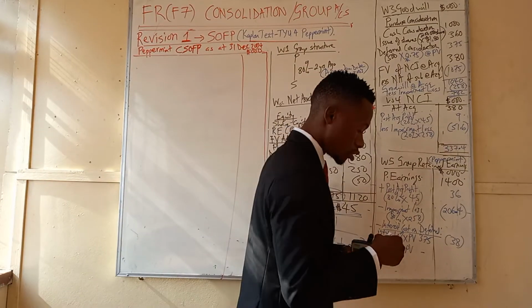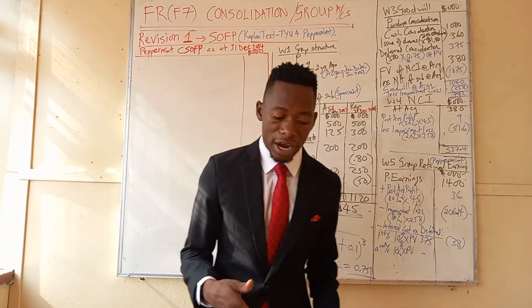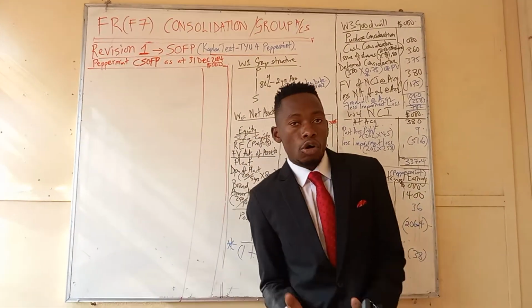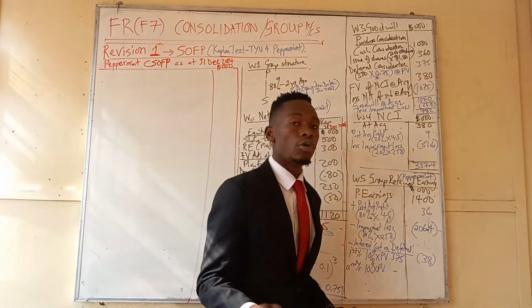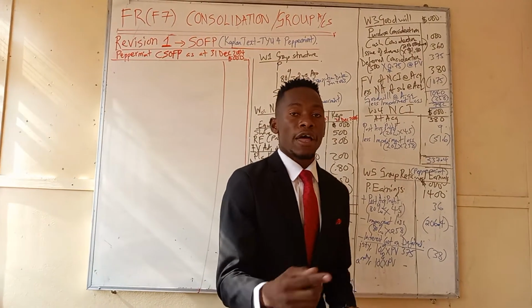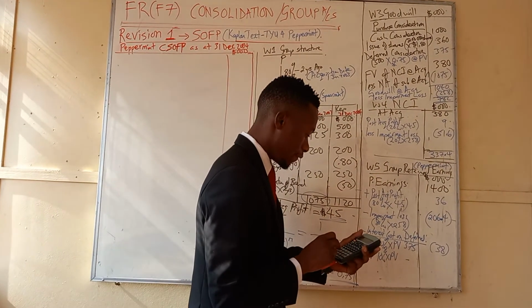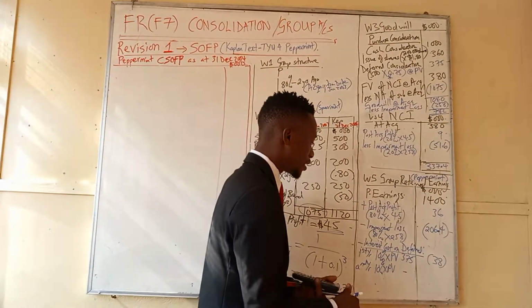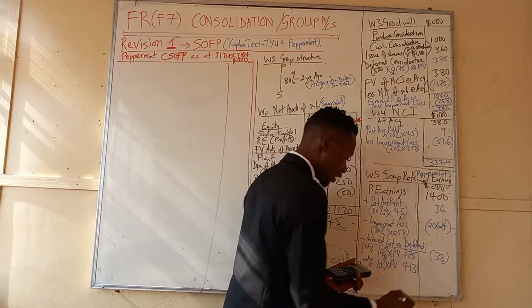So you ask yourself a question: how much do I owe? So when you are in the second year, you can't say we owe 375, because last year, which is the first year, we were charged an interest of 38. So therefore, the amount that we owe right now is 375 plus the interest of 38, which makes the present value 413.